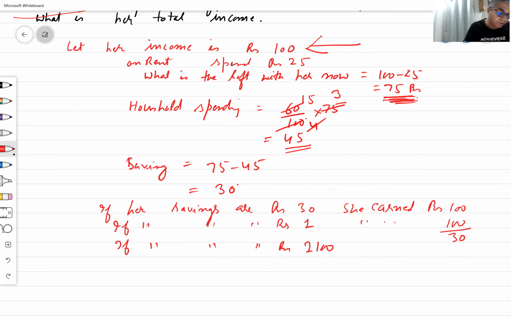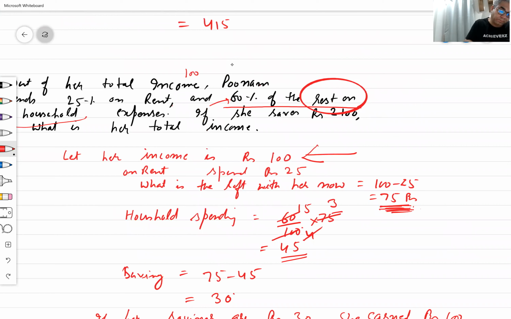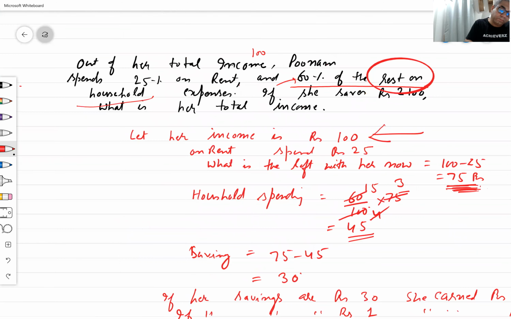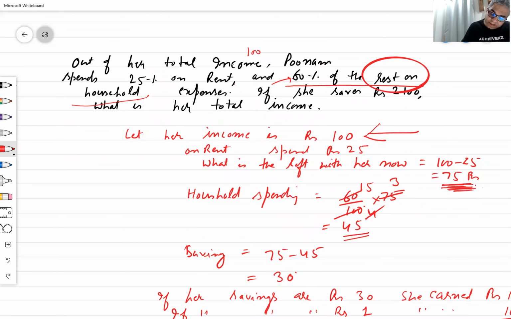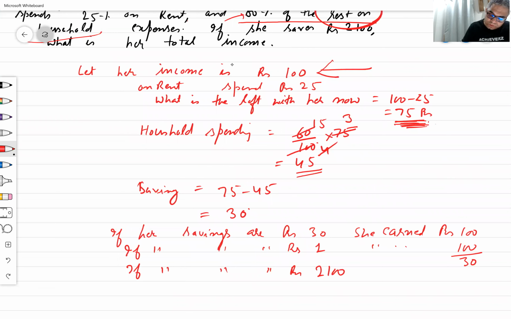Yeah, let me check. Yes, 2100. Then what is her income? 100 over 30 into 2100. So her income is rupees 7000. Now tell me if it is clear to you or not.